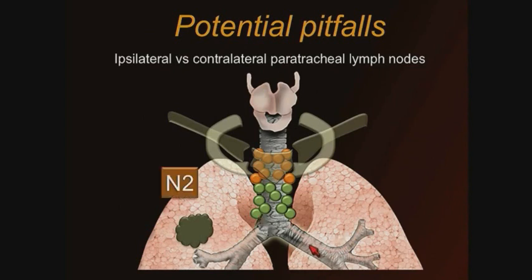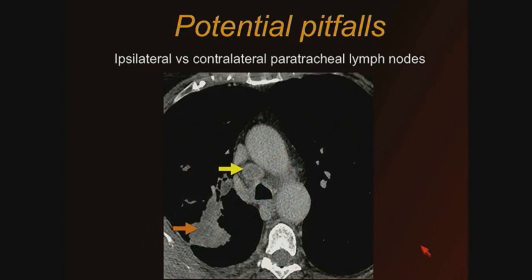If we have a tumor on the right lung, then we have ipsilateral paratracheal lymphadenopathy, we can say this patient has N2 disease. If we're calling a contralateral lymphadenopathy with a tumor on the right, this patient is upstaged into N3 disease and stage 3B disease, which means he needs chemotherapy before his surgery and radiation. So again, this differentiation is important.